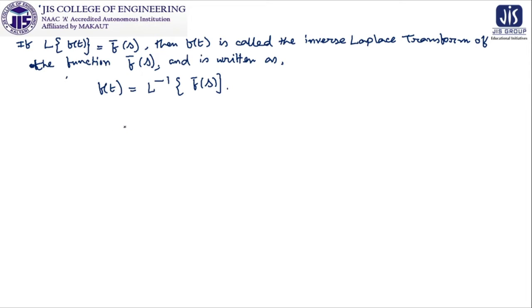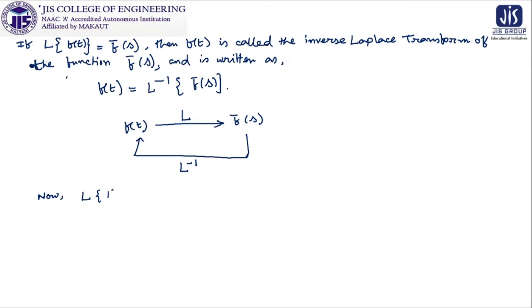So if we get a function f(t), after applying the Laplace transform on f(t) we get a function in terms of s, f bar s, and we can get back this f(t), the mother function, from f bar s by a transform that is nothing but the Laplace inverse transform. Taking the very basic example, we know the Laplace transform of 1 is equal to 1 by s.